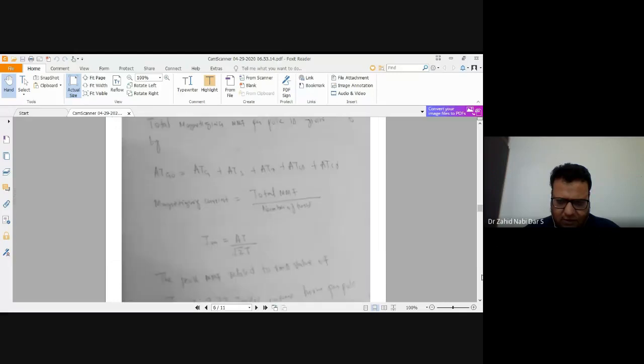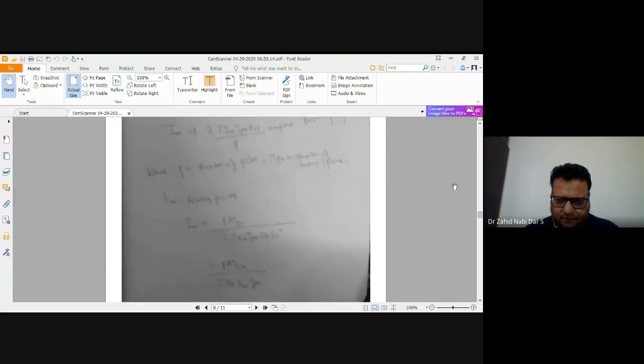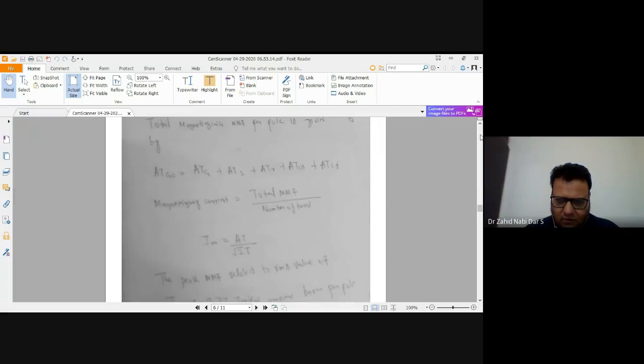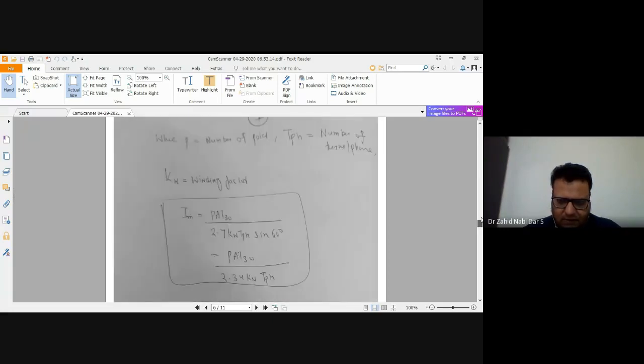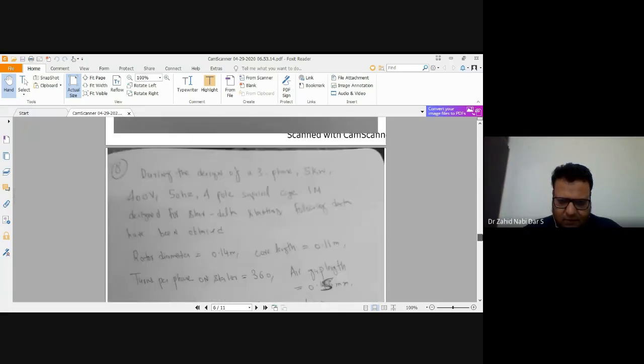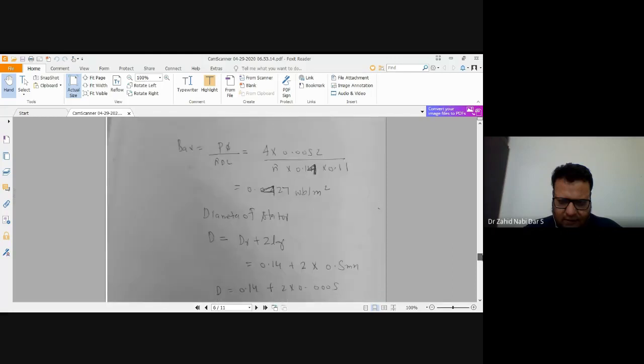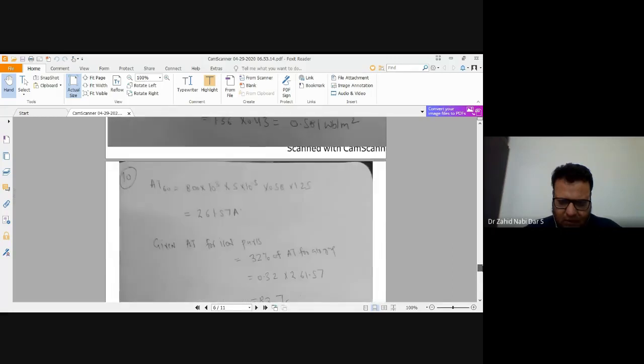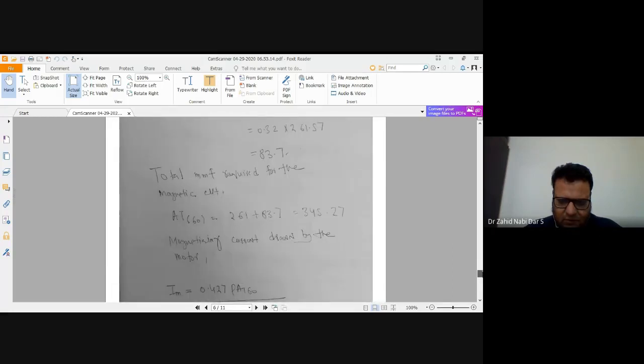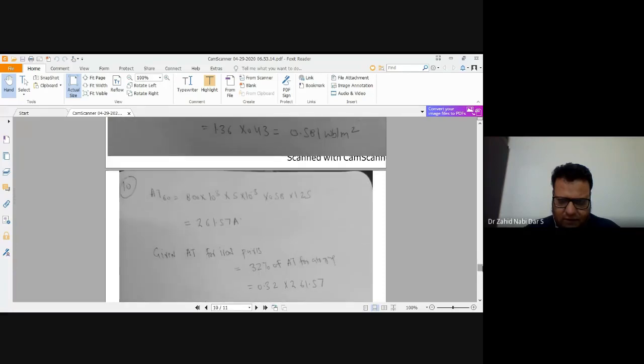So once you are getting the value of ATG, you are getting the value here. Same equation you substitute here, so you get the value of ATG. So you get 800 into 10 power 3 into 0.58 into 1.25 into 5 into 10 power minus 3.